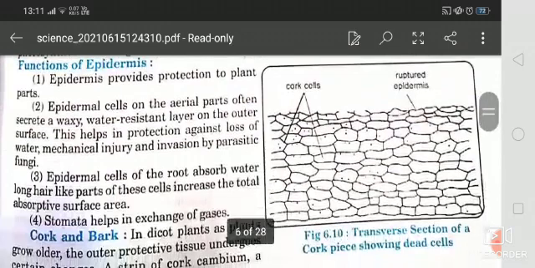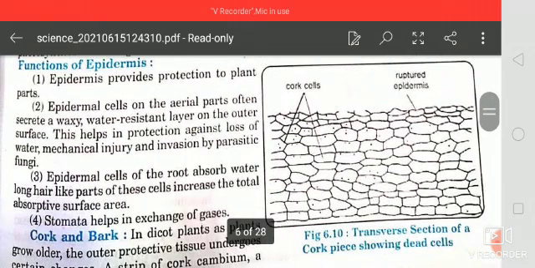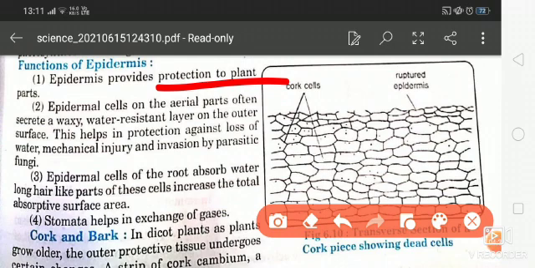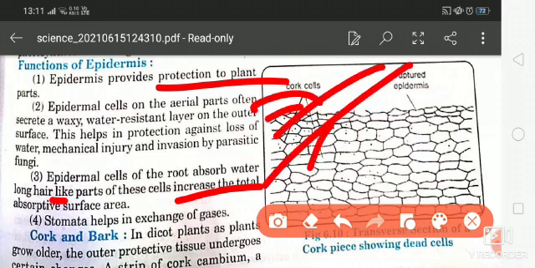Then what is the function of epidermis? The epidermis provides protection to the plant parts, and the epidermal cells of the root absorb water. You are seeing long hair-like structures in the roots, and these increase the total surface area of absorption, and stomata help in the exchange of gases.